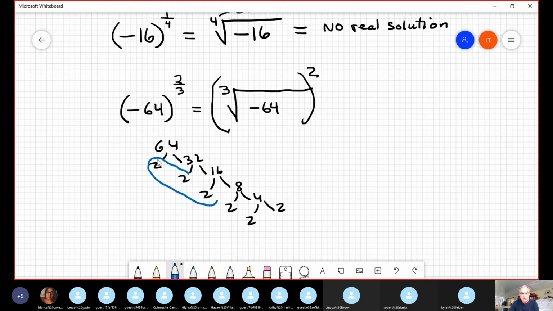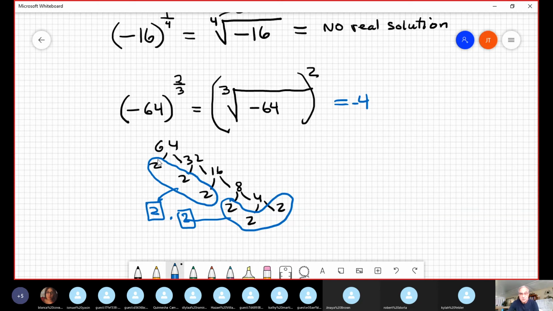Three 2s represent one 2 outside; the other three 2s represent another 2 outside. Together, 2 times 2 is 4. So the answer is 4, and inside the radical we have nothing, so the radical disappears. But 4 negative or 4 positive? Negative, because it's negative 64.